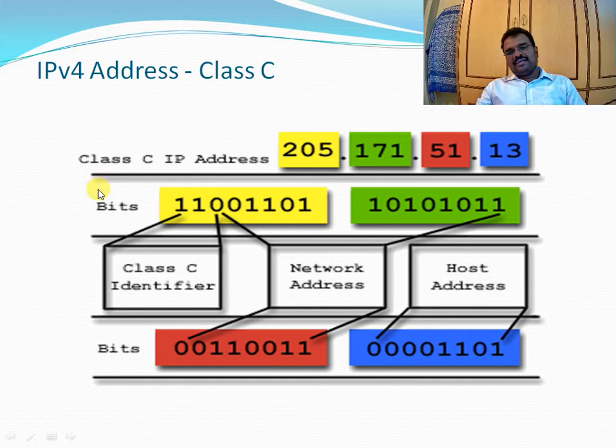Here, if we take an example, 205.171.51.13, and convert it to binary, the first 3 bits, 110, indicate the class identifier.